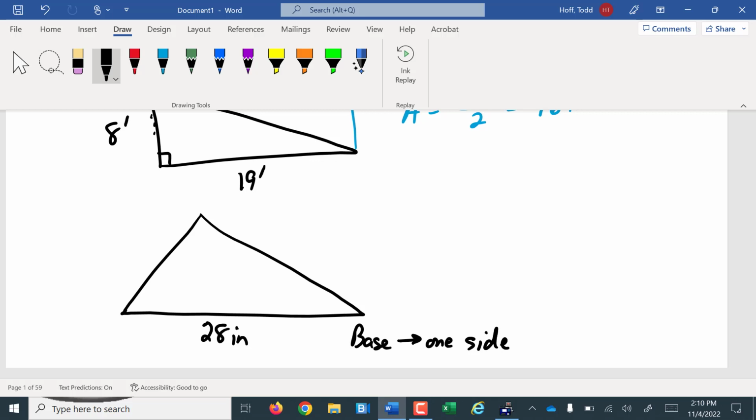We'll say the bottom here is 28 inches. But then the second piece we need has to be perpendicular to the base. What does the word perpendicular mean again? Right at a right angle, yeah. So perpendicular would be like that. And it has to give us the width of that related rectangle.